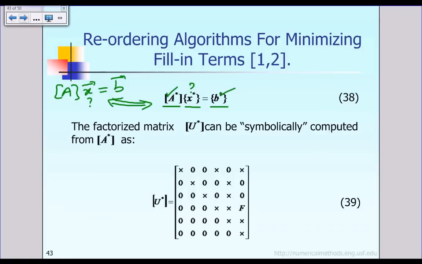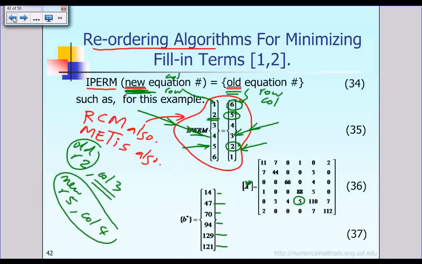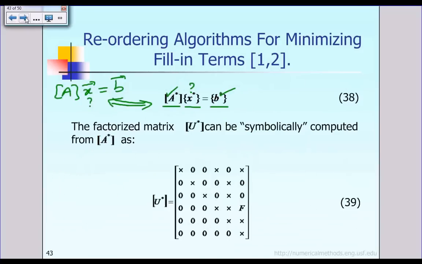Now, the advantage of doing that is this. If you use the new system 38 right here and you use Cholesky, then we can see that if you want to factorize this new modified matrix A star, the number of fill-in terms you introduce in this case turns out to be only 1.